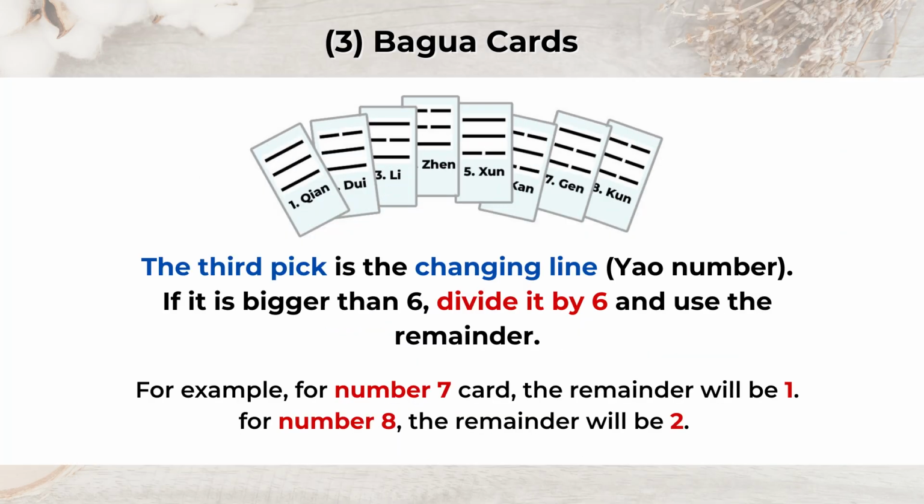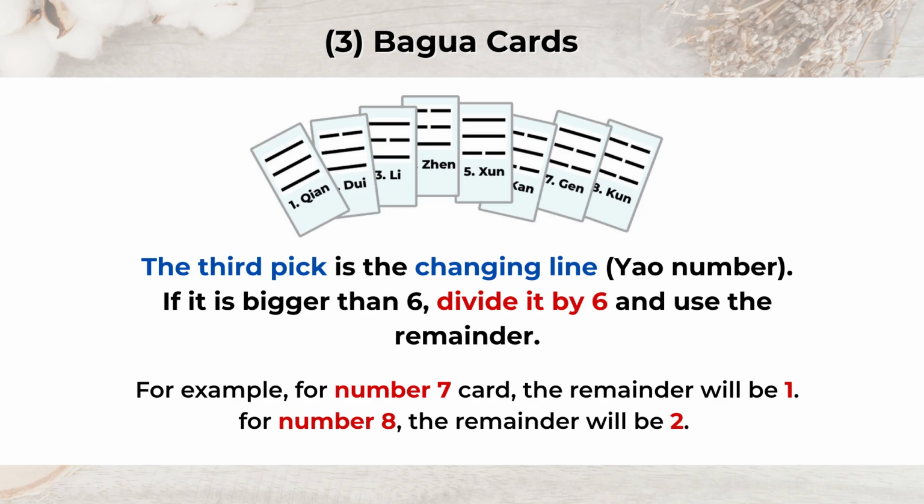And then the third time will be the changing line. You can put back the second card, think about your question, and pick one card randomly. And since we want it between number 1 and 6 for the changing line, if the number is bigger than 6, we only have two choices here.